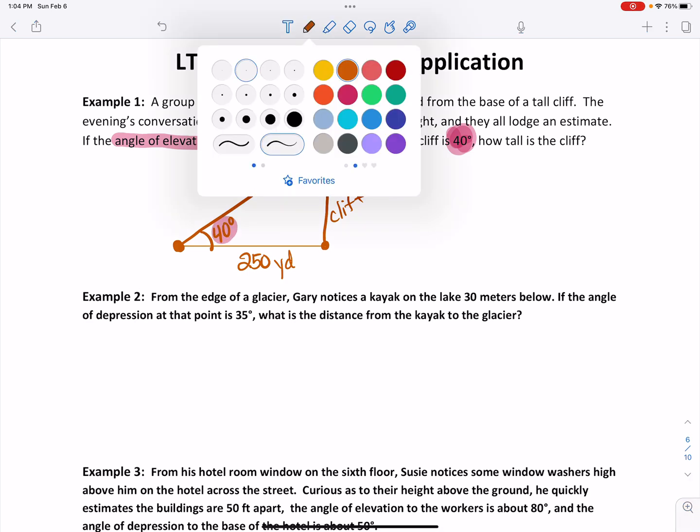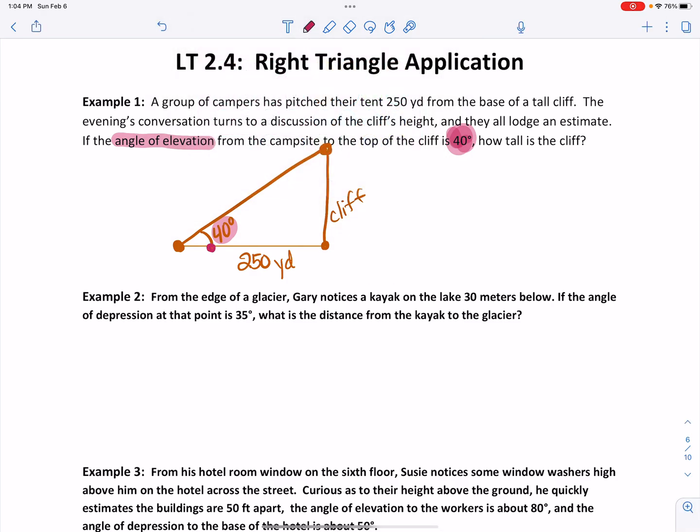When I start at the bottom on the standard position and look up, that is the angle inside the triangle. Sometimes it's going to end up outside the triangle, but in this case, it's inside the triangle. You have to draw to see what's happening.